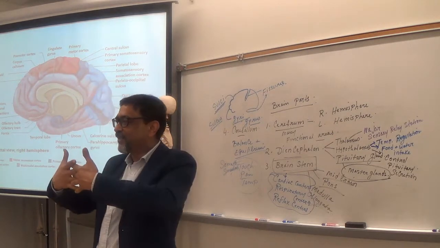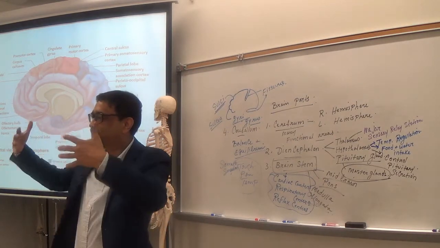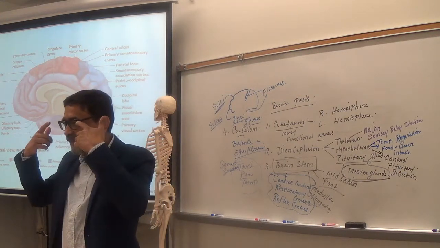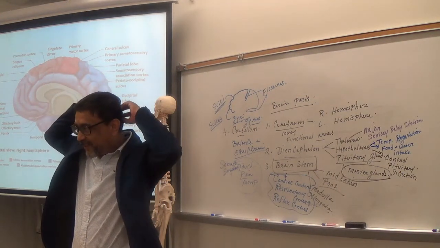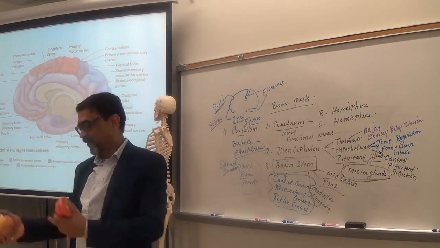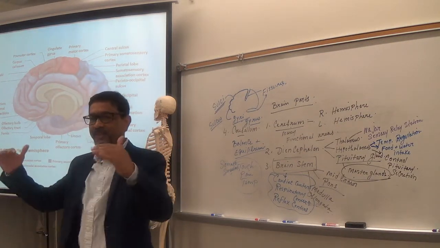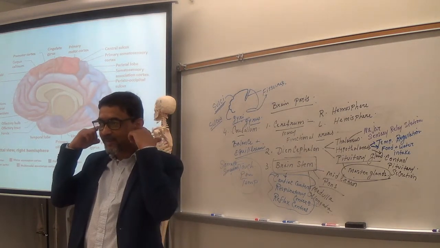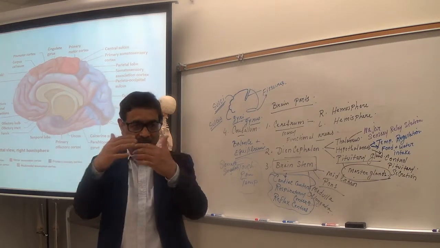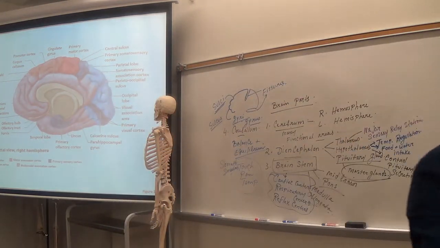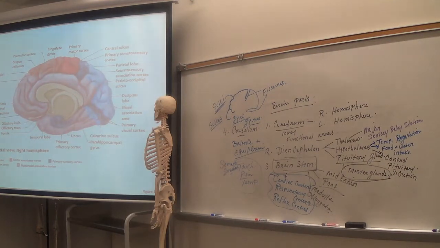The two hemispheres must talk to each other. Make sense? How many eyes do you have? Two, right? So you have two visual cortices in the back, one here, another here, and they must talk to each other. You have two ears, right? So the two hemispheres are processing those signals, but they talk to each other all the time.